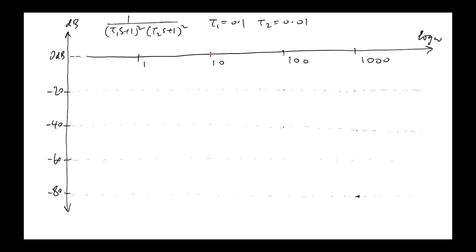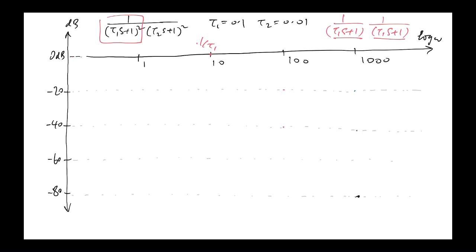Okay, let's look at these terms here. So that's really 1 on tau1 s plus 1, 1 on tau1 s plus 1. We know at low frequencies, below about 1 on tau1, each of these will have magnitude of about 1 when we evaluate it at s equals j omega for omega less than 1 on tau1.